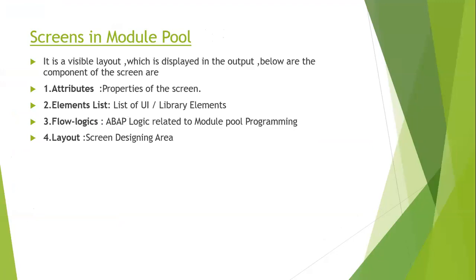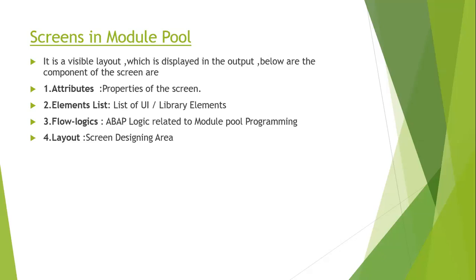The second one is the element list. Different UI elements will be there: a radio button, check boxes, a box, and a table control. If you want to display item data, like multiple information in tabular format, like you have worked on ALV reports, right?